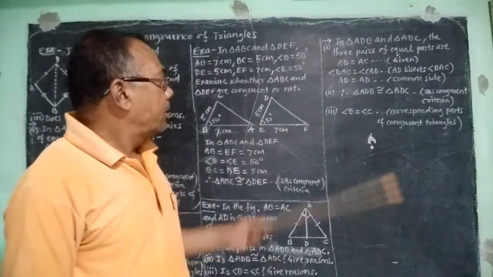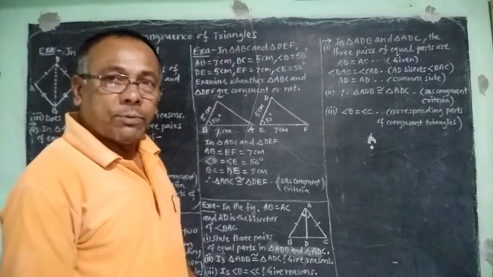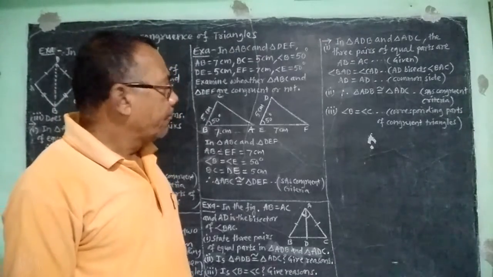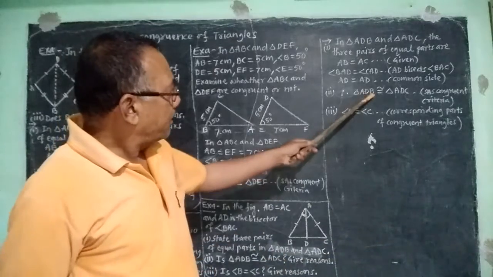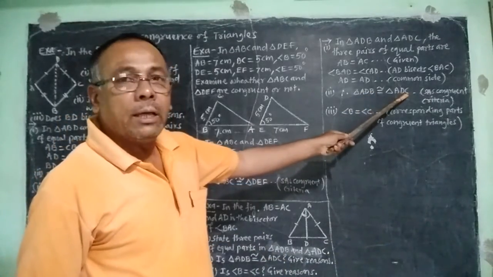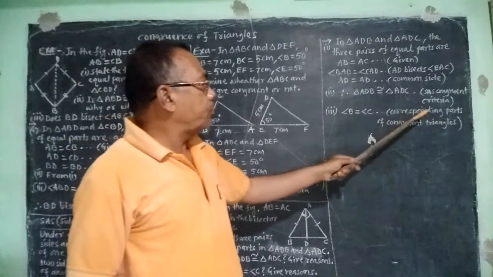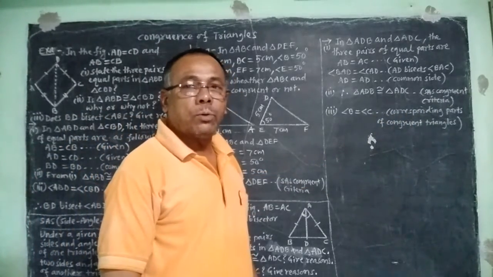And now if the two triangles are congruent, then their corresponding angles, that is angle B, is equal to angle C, because of corresponding parts of congruent triangles.